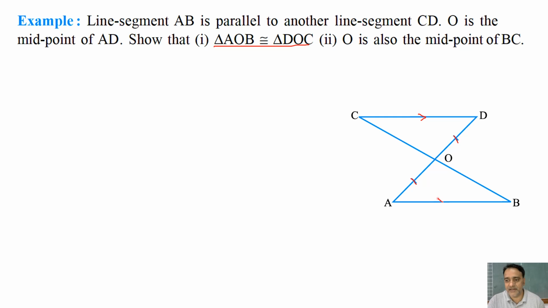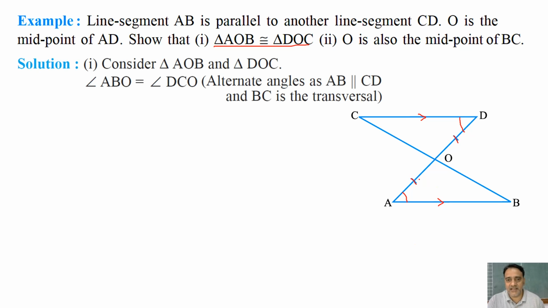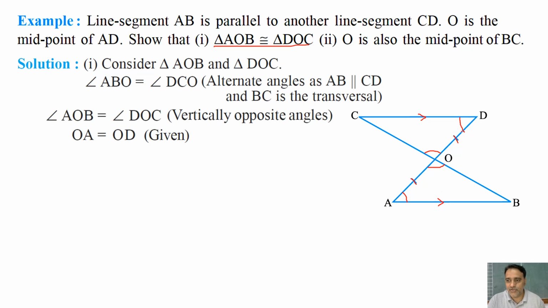These two lines are parallel, so these two angles are equal. Why? Alternate interior angles. Very good. And these two sides are given. And these two angles are equal. Why? Vertically opposite angles. Right? So these two triangles are congruent by which criteria? Angle side angle. Right, ASA.